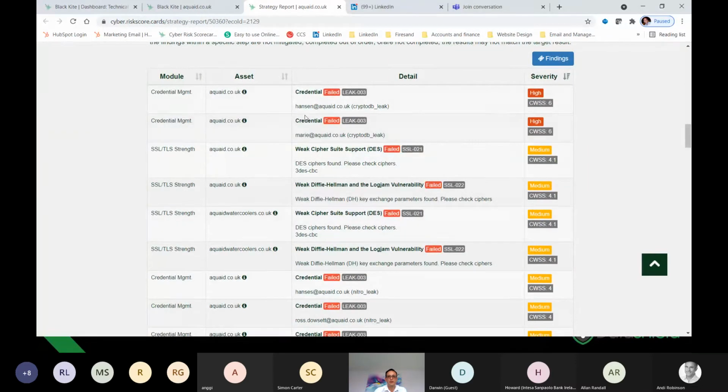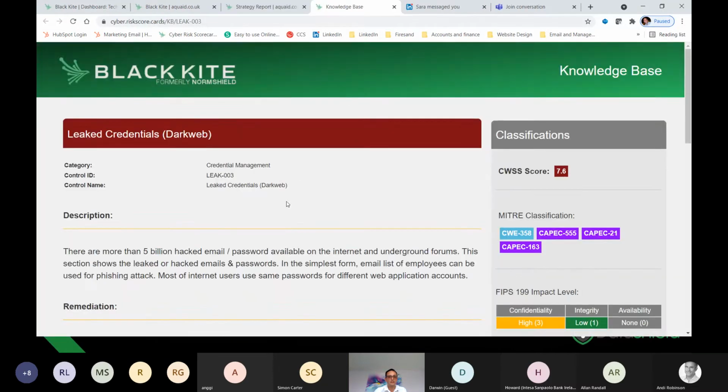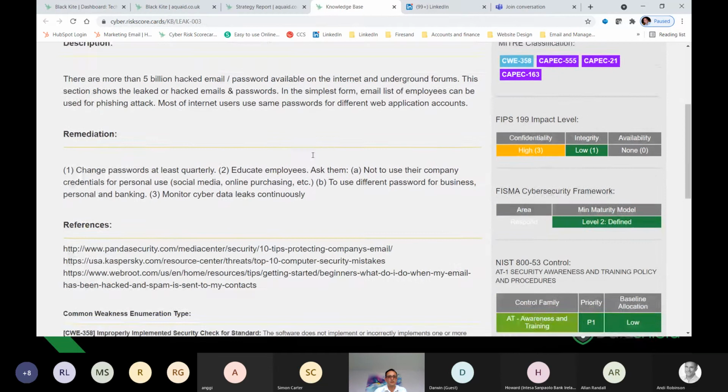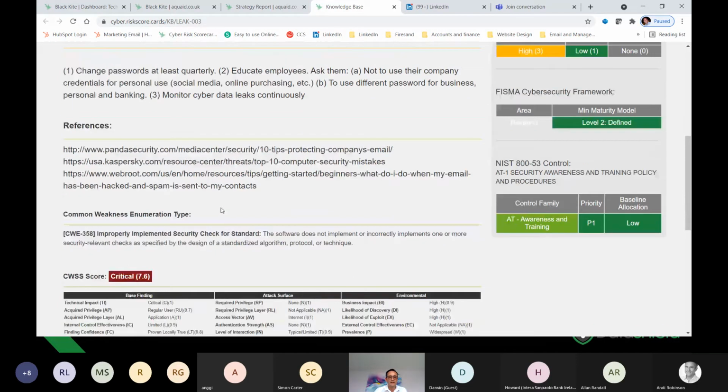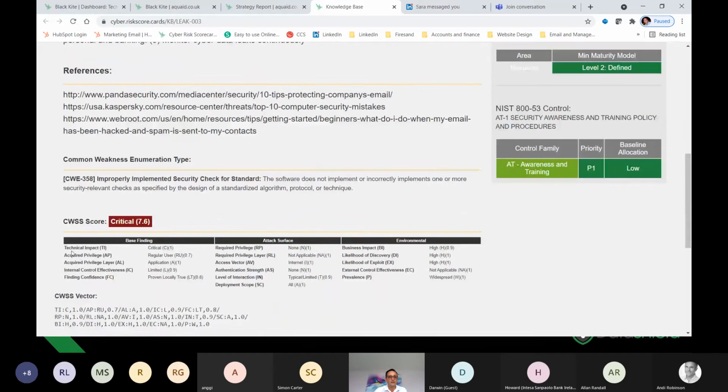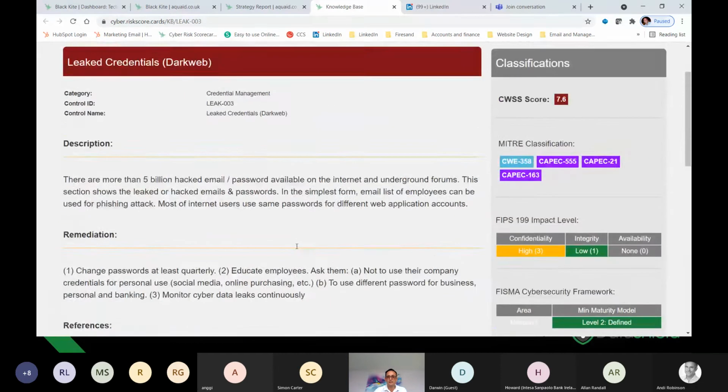And what it does, the strategy report then gives them literally a step-by-step guide of how to do it. So that was involved in the crypto DB leak. So you've got that particular one there. If you click on it, it will give you the description, how you remediate it: change passwords at least quarterly, educate your employees, do not use the company credentials for personal use, social media, etc. Pretty basic cybersecurity, good hygiene. Gives you some references there and looks at the common weaknesses and how the score is actually derived.